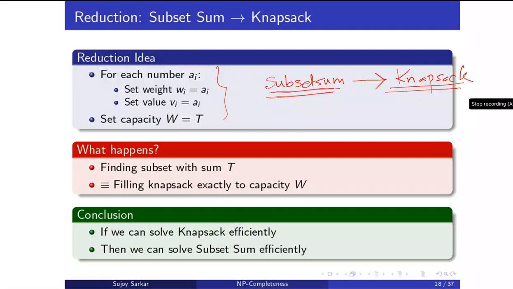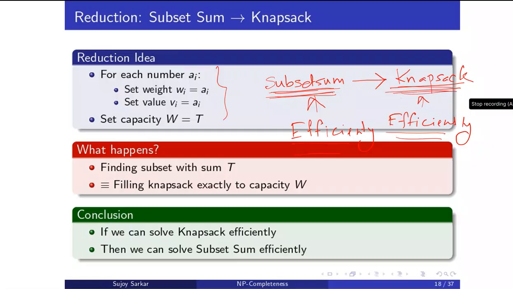Now, if there is an algorithm that can solve the knapsack problem efficiently, then since any subset sum problem can be converted into knapsack, there must be an algorithm that solves subset sum also efficiently. Yes or no?